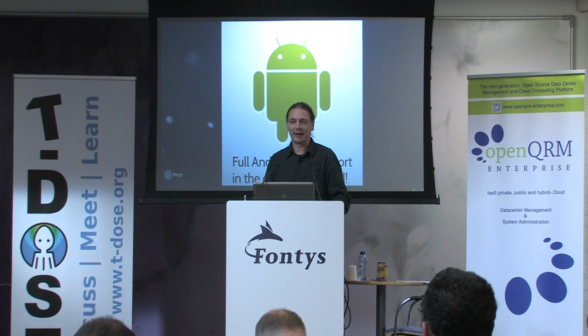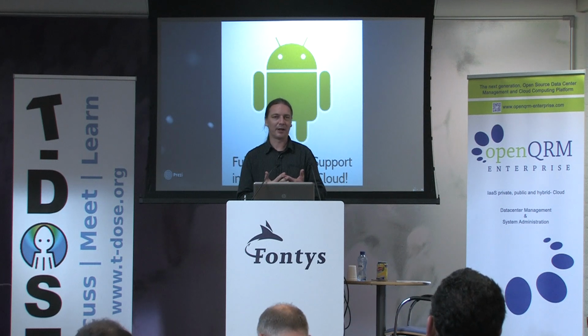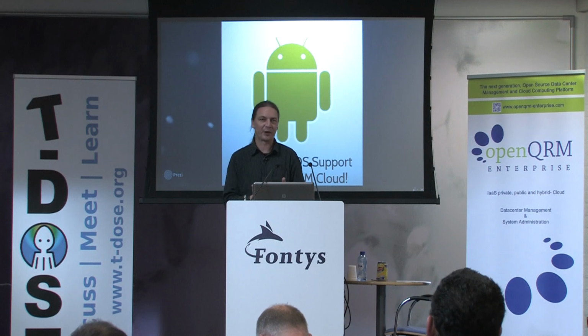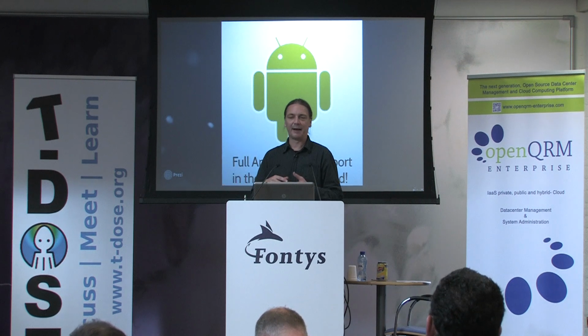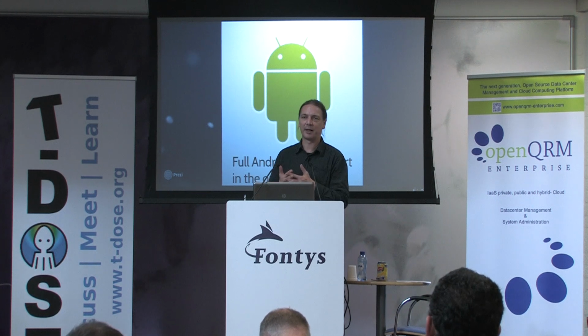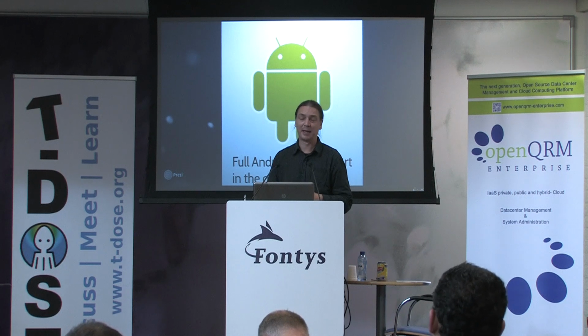That means if you have app development for Android, you can simply create an account for your developers on the openQRM Cloud, and with like 2 or 3 mouse clicks, they get a freshly deployed Android system where they can get VNC access, or they can have direct access with the VM Android emulator, for example.